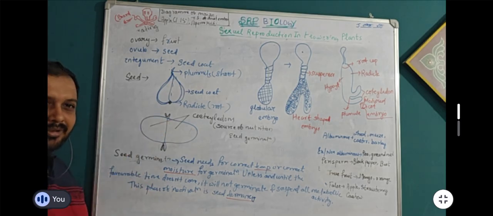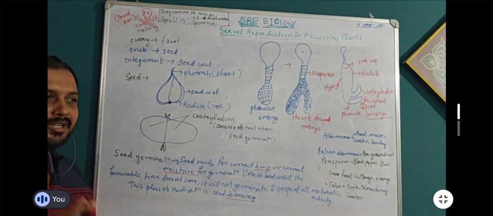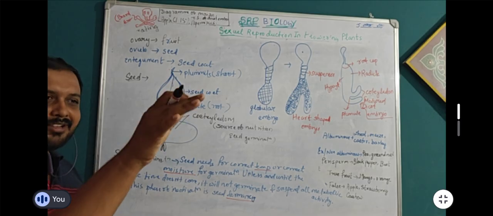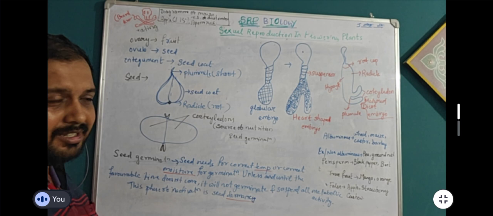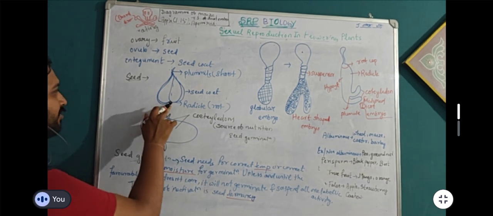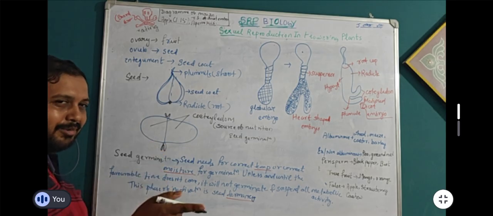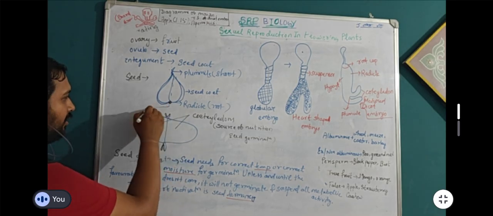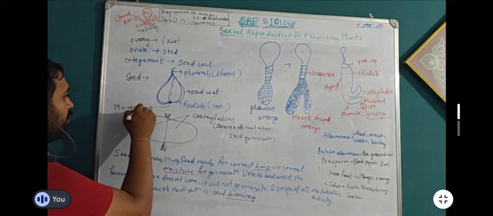All of us know, when I taught you regarding the structure of an anatropous ovule, there we saw that the upper part was the chalaza end and the lower part was the micropylar end. Okay, that micropylar end also remains persistent in the seed. So that micropyle hole or pore can still be found in the seed.